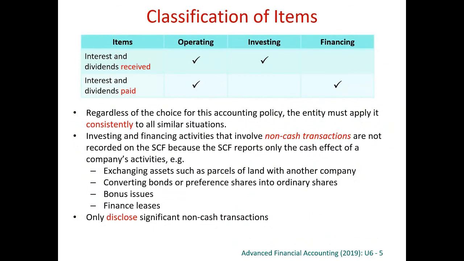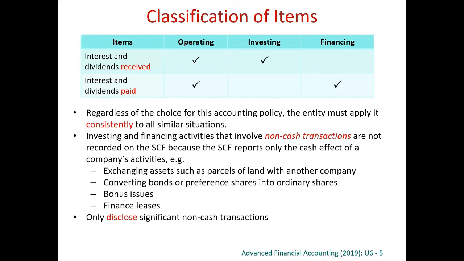There will be some inconsistency in the classification of items. It depends on the nature of the business, because for some companies, interest received and dividend received can be their operating activities. This does not apply to most of the trading companies, but this will apply to financial institutions. But for most companies which are trading or manufacturing, interest received and dividend received may be classified as investing activity.